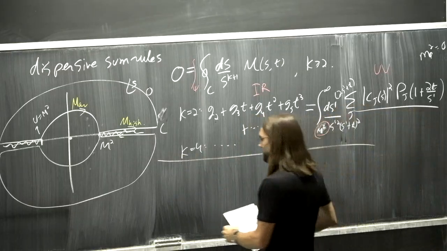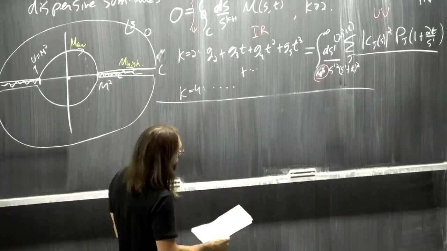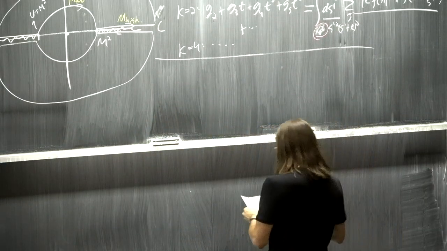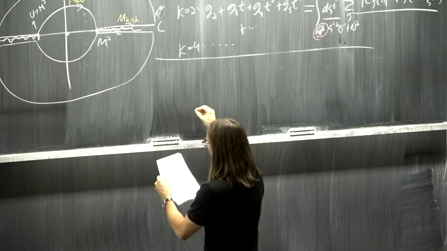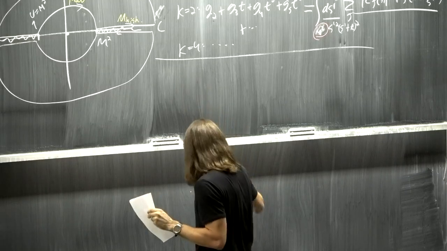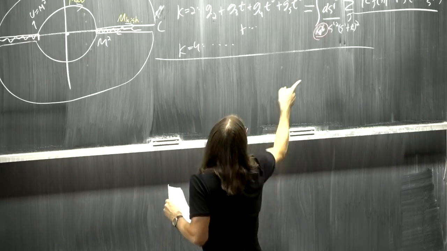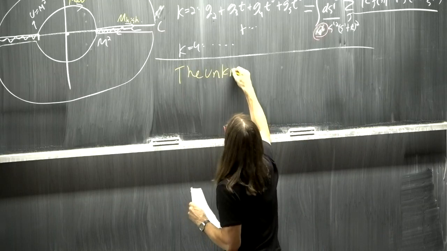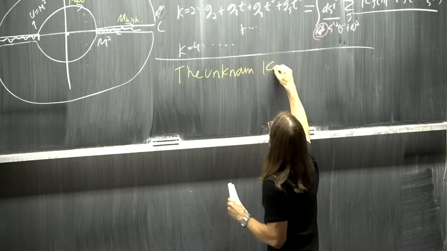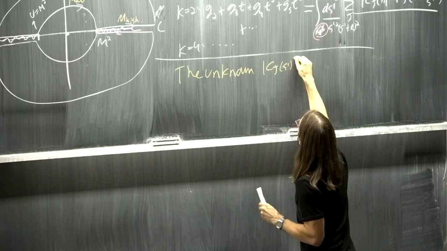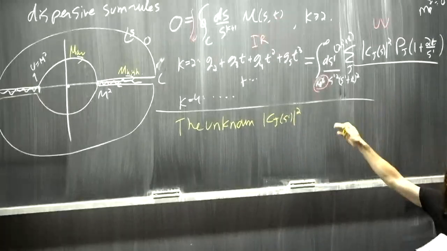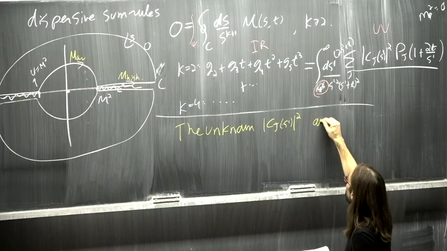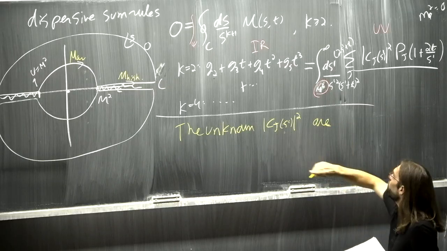And yeah. So what does that mean? Notice that the main point is that the unknowns, which are these coefficients Cj of s prime squared, we're completely agnostic about what the UV physics can be. But by unitarity, these unknowns, what do they represent?